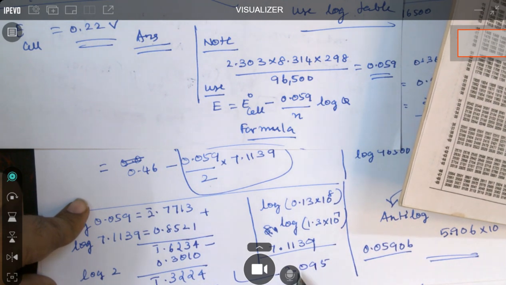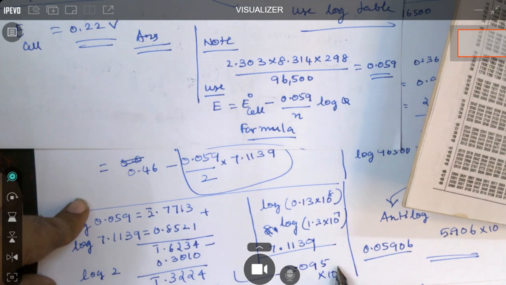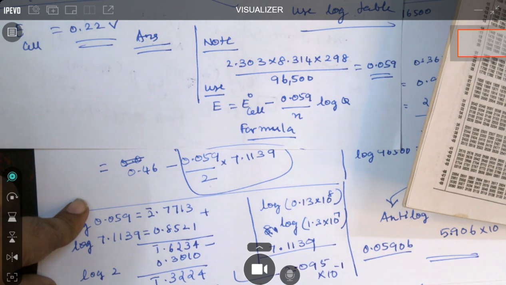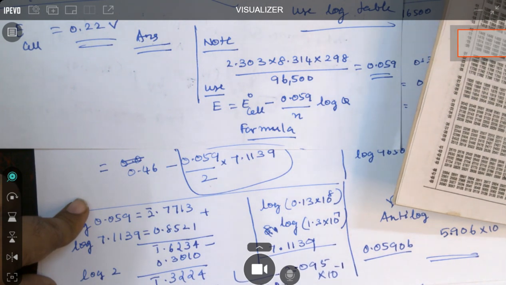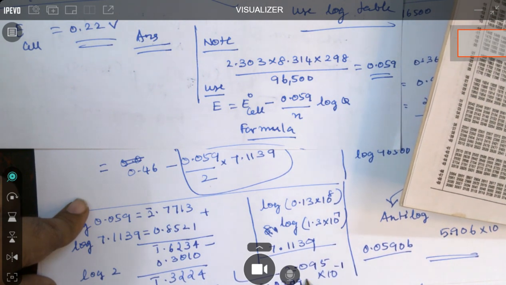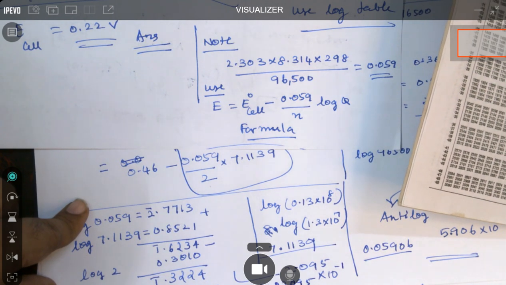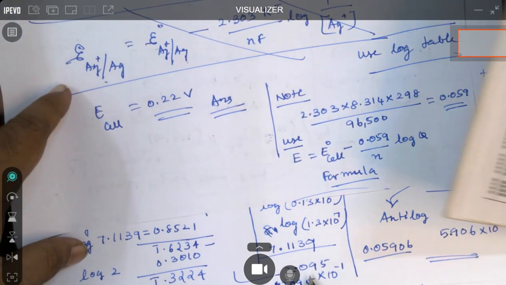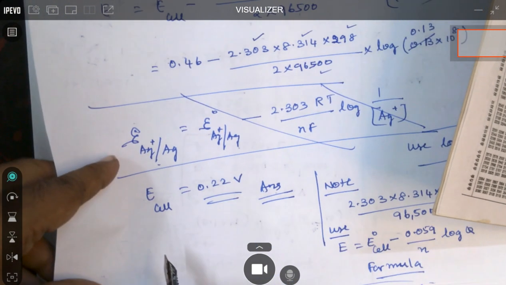So how you have to do it? 2.095 into 10 power, you can drop the value as 10 power minus 1, which is nothing but 0.2095. Do you understand? So 0.2095 is the value.